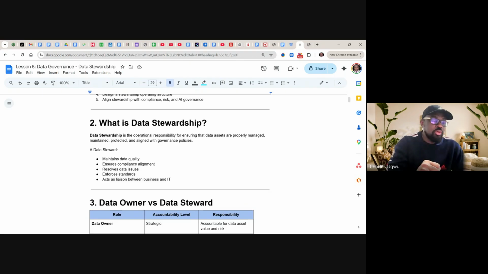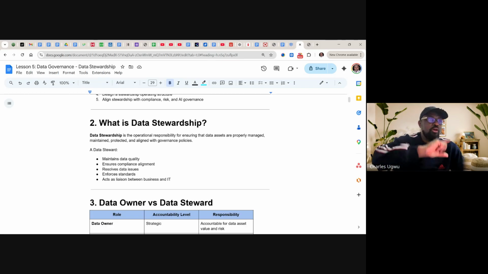From stewardship, we get what we call a data steward, which is a role in data governance. The steward maintains data quality, ensures compliance and alignment, and resolves data issues. When there is an issue, it is the data steward that resolves it, escalates or de-escalates, enforces standards, and acts as liaison between business, IT, and the data governance unit.